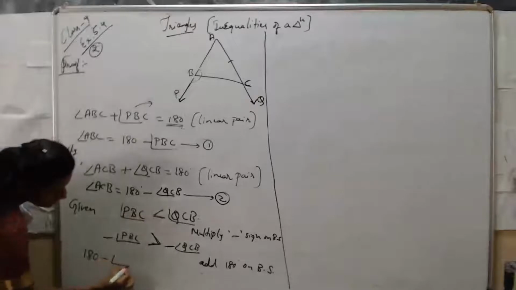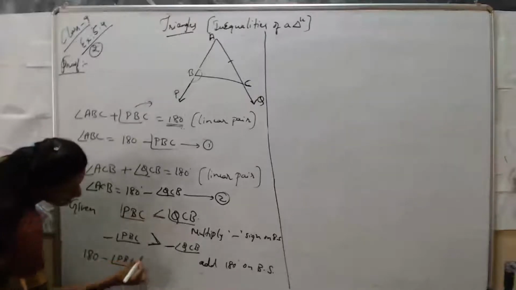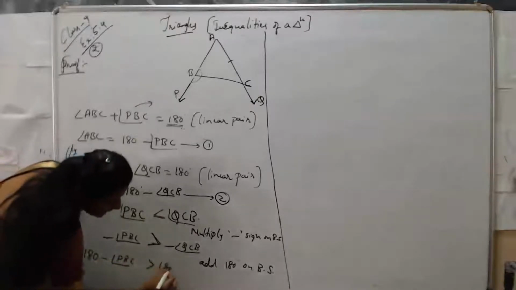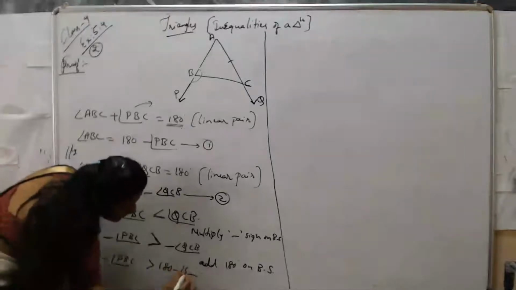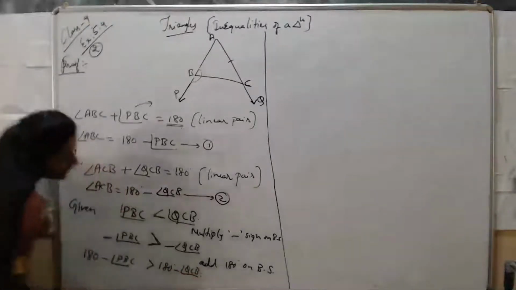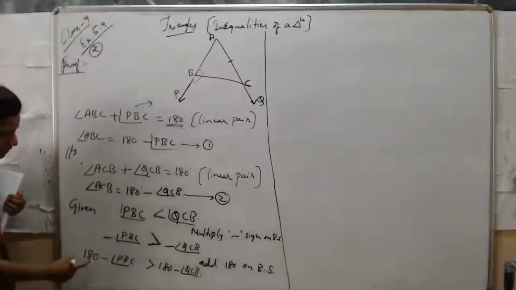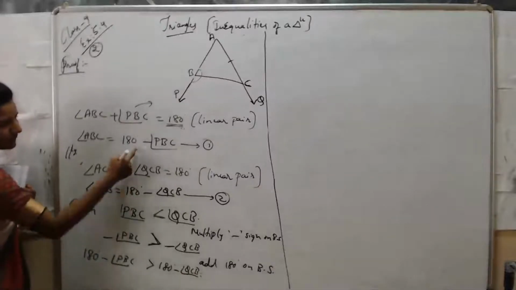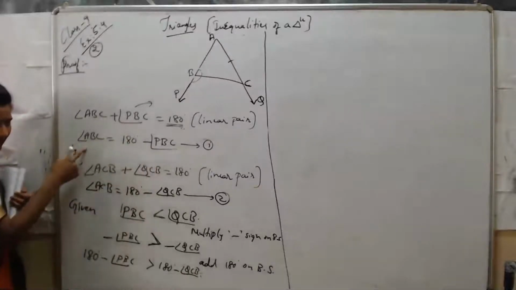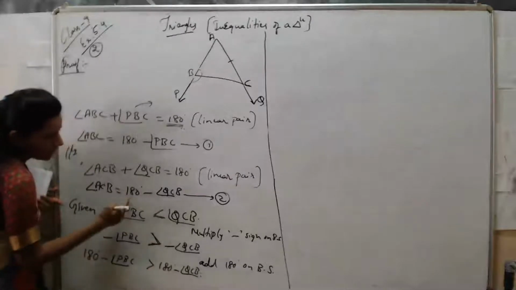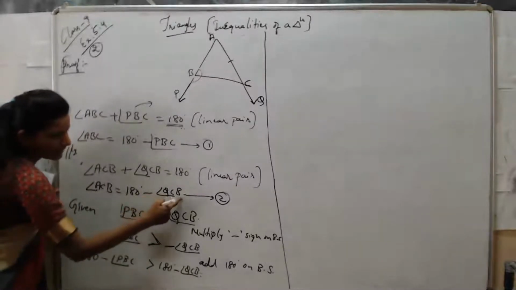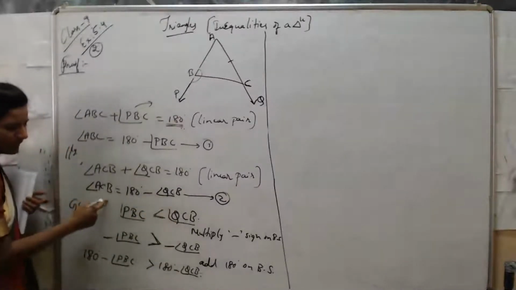With 180 minus, the sign does not change. From equation 1 and 2, 180 minus PBC is written as ABC, and 180 minus QCB is written as ACB.